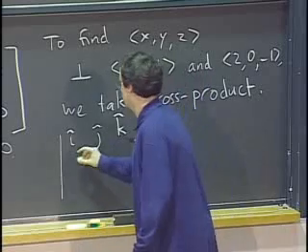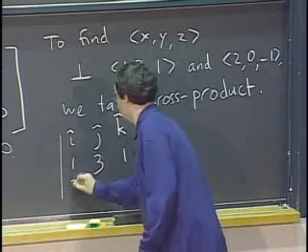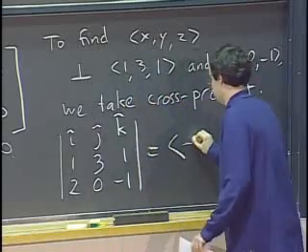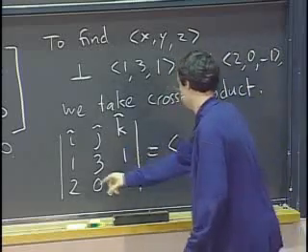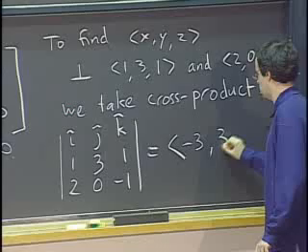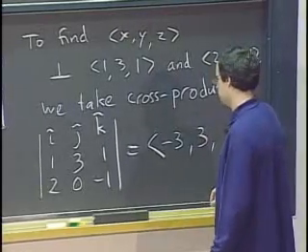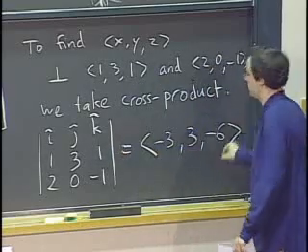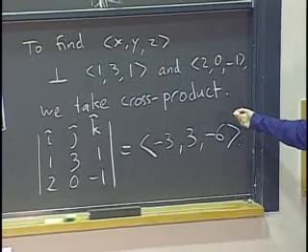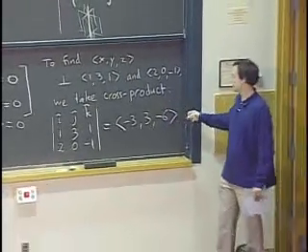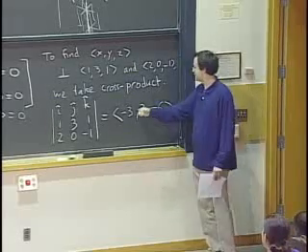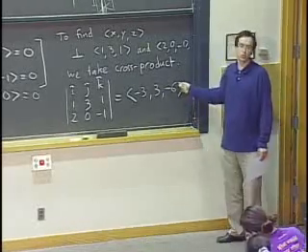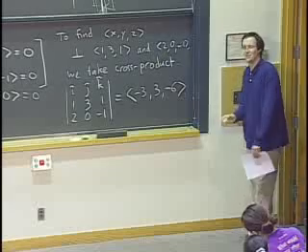Okay. 1, 3, 1, 2, 0, negative 1. That should be negative 3, minus 1, minus 2, probably positive 3, and then negative 6. Okay, so that's a solution. And any multiple of that is a solution. So if you like neatly simplified answers, you could say negative 1, 1, negative 2. If you like larger numbers, you could multiply that by 1,000,000. That's also a solution. Okay?